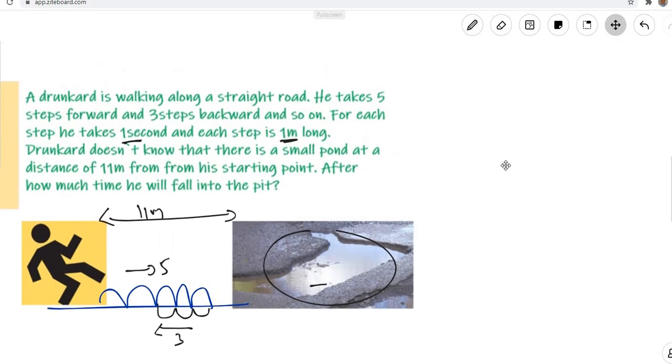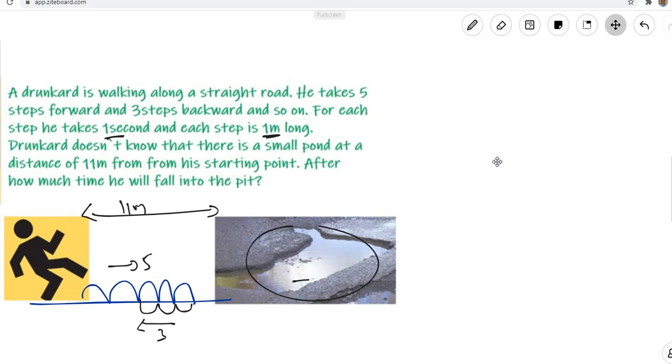Physics is all about everyday applications. Now let us find out. If we take 5 steps, 5 seconds, we'll cover 5 meters, and again we'll take 3 meters back. So what is the total time taken? 5 seconds plus 3 seconds, 8 seconds.